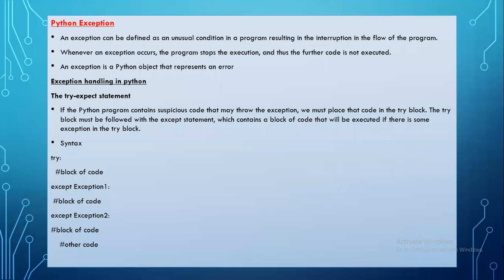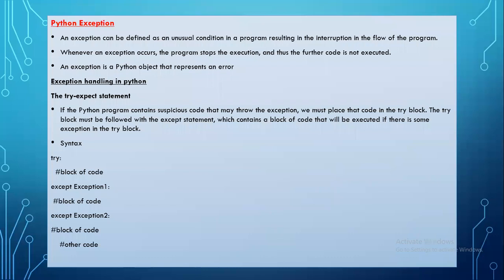So we need to handle the exceptions. Why do we need to handle the exception? If you have 10 lines of program code and you got an error at the 5th line during execution, the remaining 5 lines will not execute. The program stopped unexpectedly at the 5th line, so the remaining statements cannot be executed.